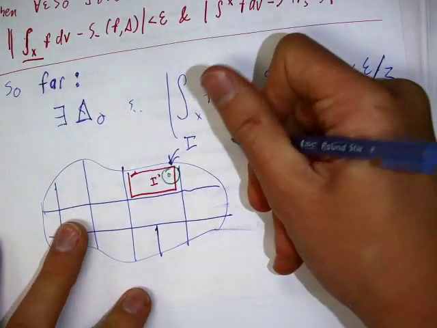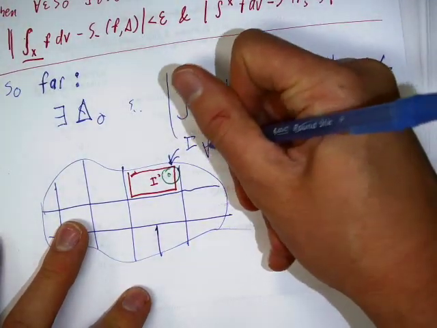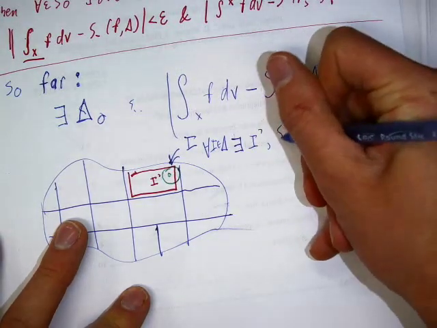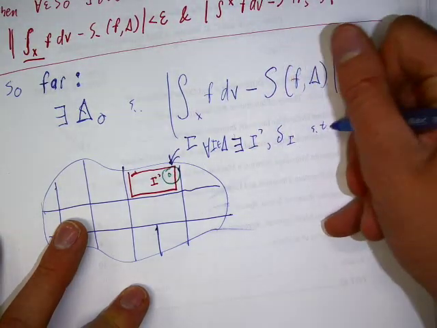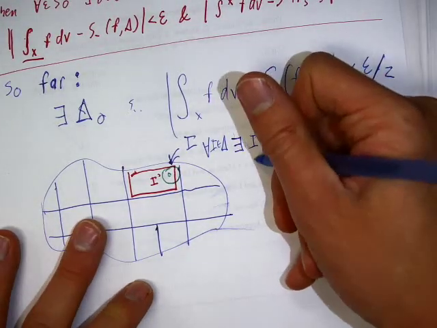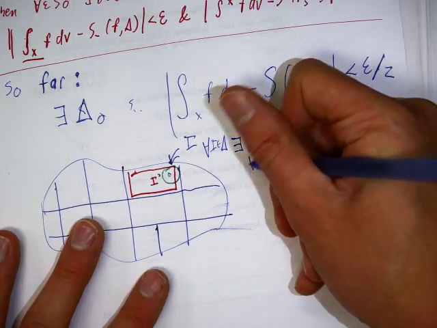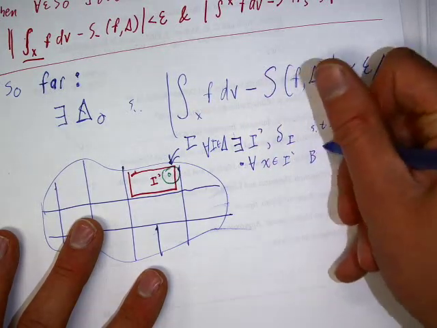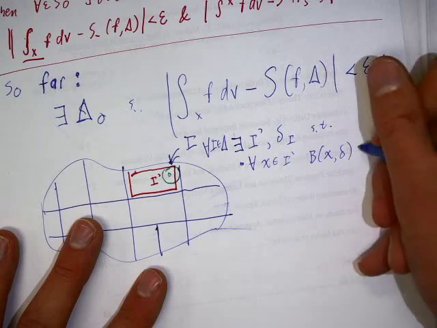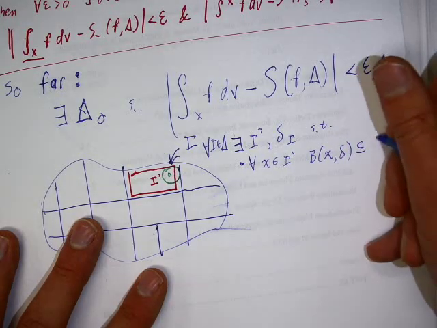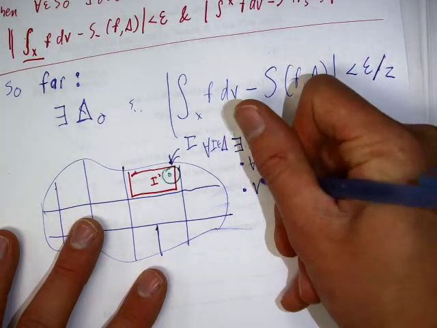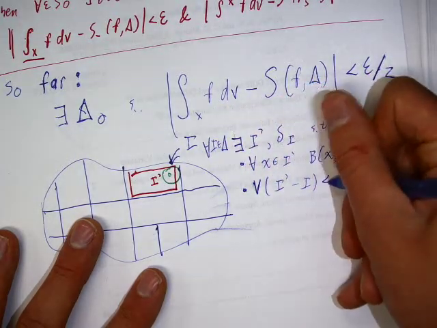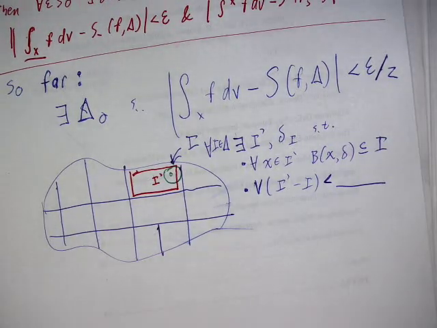So what did we get? We saw that for every I in delta, there exists an I prime and a delta sub I such that for every x in I prime, the ball centered at x of radius delta is contained in I, and the volume of I minus I prime is as small as we want.